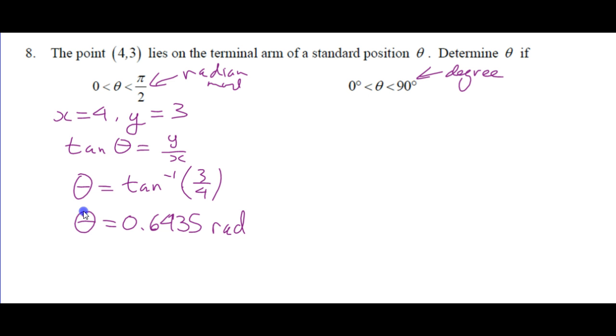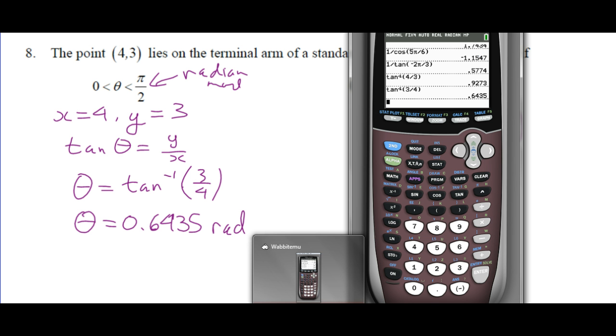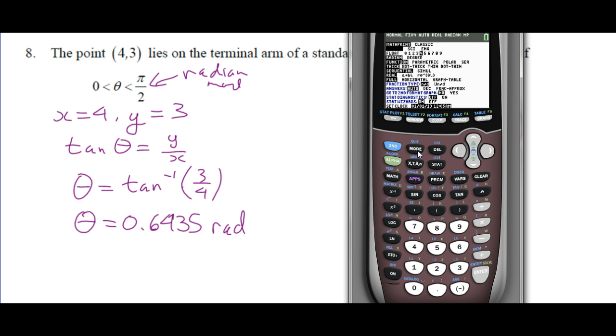So for degrees, what do we do? Well, we do the same thing, right? Theta is the inverse tan of 3 over 4. So I just take the mode and go to degrees. I mean, you could convert that, but why would you? Don't. Then just go second enter, redo this calculation, and it's 36.8699.